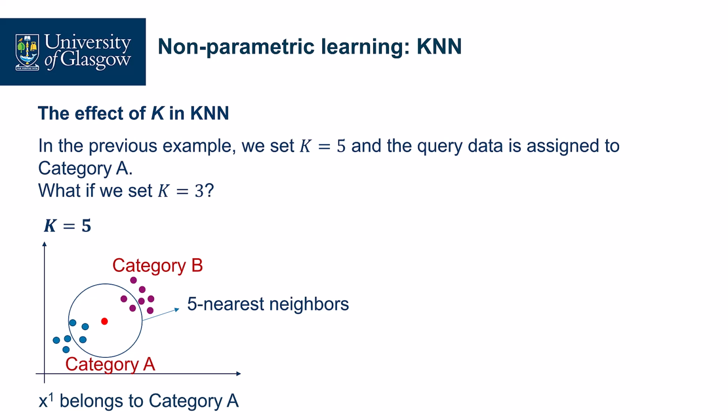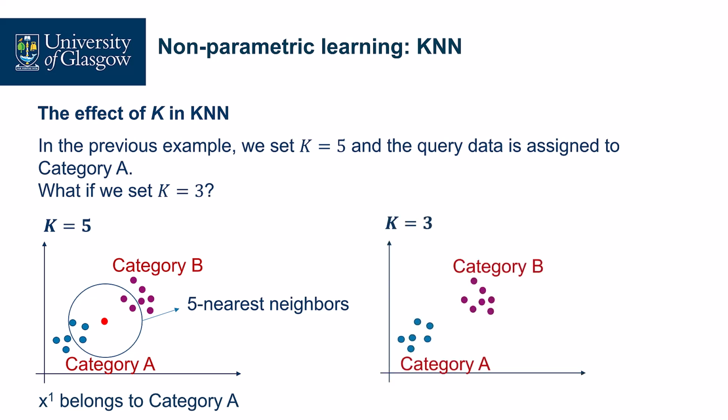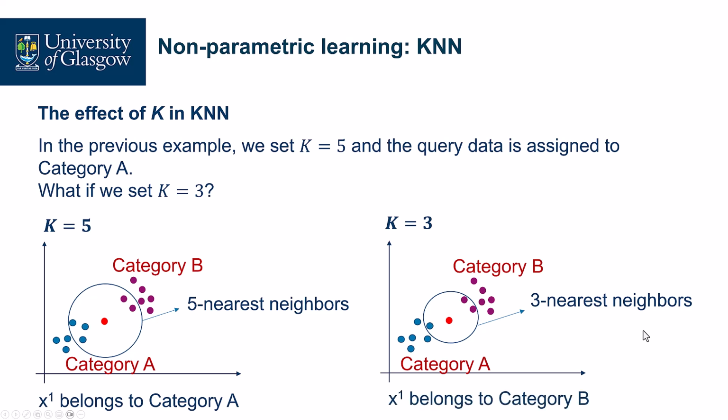If k equals to 3, what will happen? We need to find the 3 nearest neighbors of X1. We can see they are here. Now there are 2 votes for category B and 1 vote for category A. So in this case, with the 3 nearest neighbors, X1 belongs to category B, an opposite conclusion.